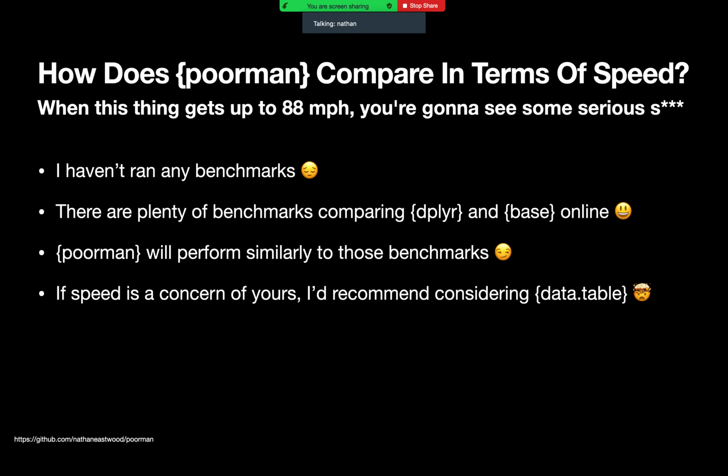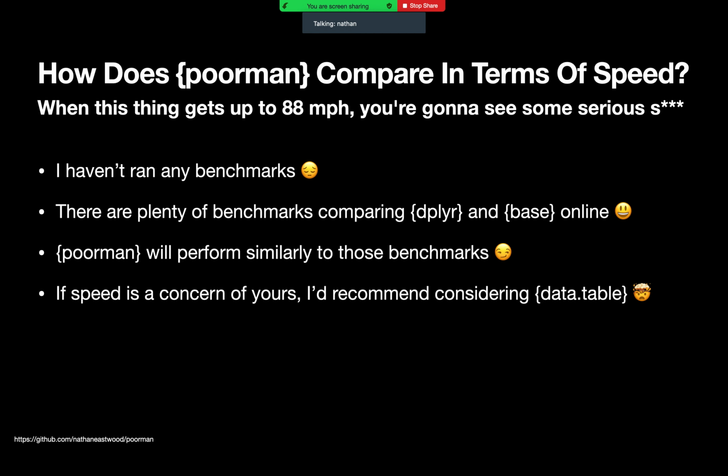I think even the dplyr package itself, if you go on GitHub, there are some benchmarks in there. I think data.table has some comparisons as well. Ultimately, poorman is going to perform very similarly to those benchmarks because it is written using base. Now, as poorman is essentially wrappers around that, there may well be some slight overhead, but it's not going to be much.